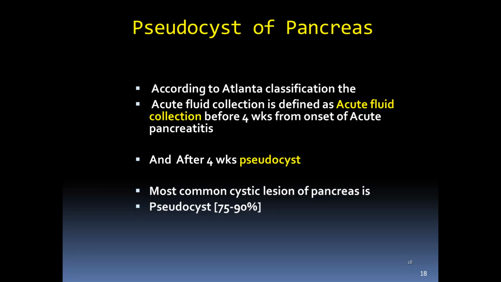Then pseudocyst of the pancreas. According to Atlanta classification, it is defined as acute fluid collection before 4 weeks after the onset, and after 4 weeks, pseudocyst. The most common cystic lesion of the pancreas is the pseudocyst, which is present in about 75 to 90% of cases.